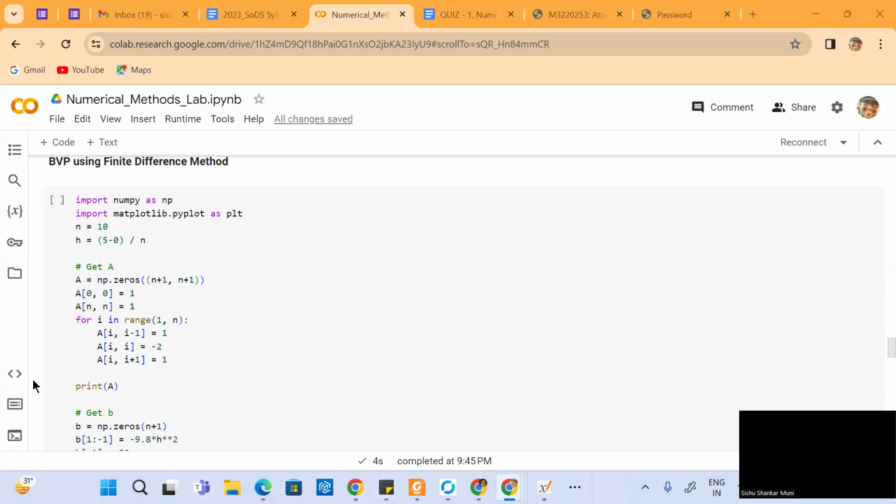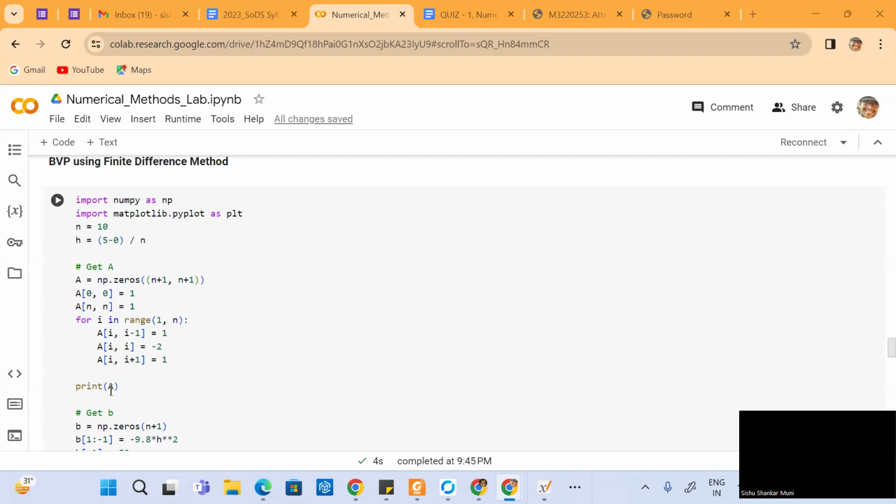As you can see, I have written the matrix A here. It is A(i, i), and you can eyeball it: the main diagonal is -2, and one above it, that is i plus 1, is 1. One below it is again 1. So it's a tridiagonal matrix, and matrix A is now defined.